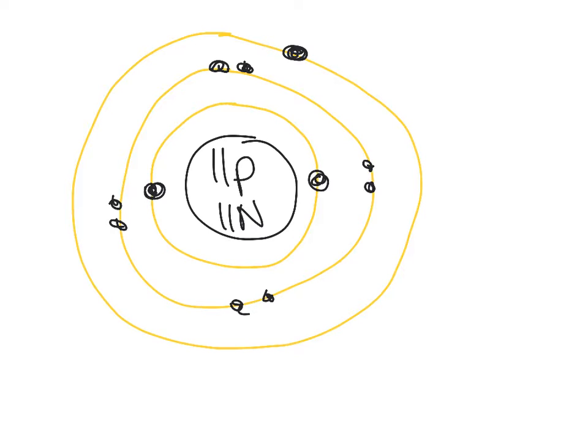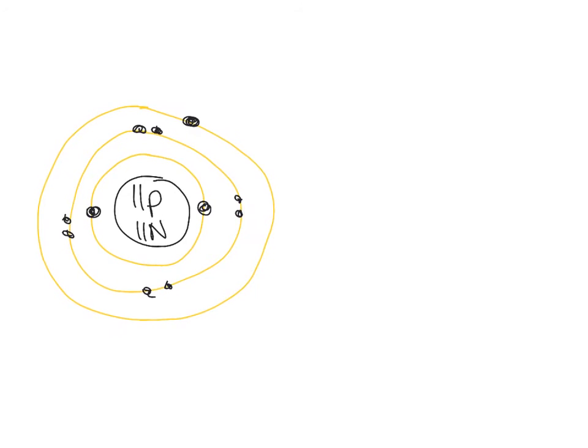I need 8 to be stable. So what happens, is it easier then to gain 7 more electrons, or perhaps to be able to give up this electron, to lose this electron? And if I lose this electron, then look what happens.